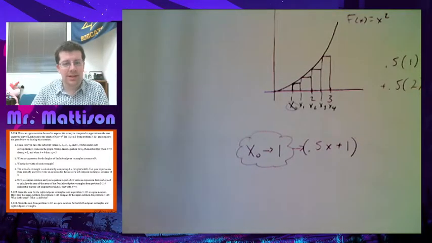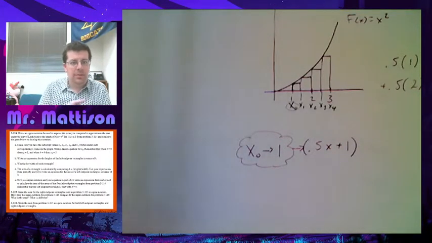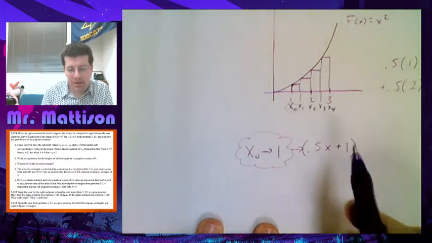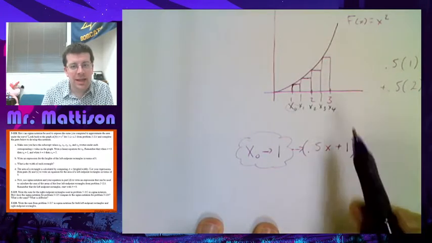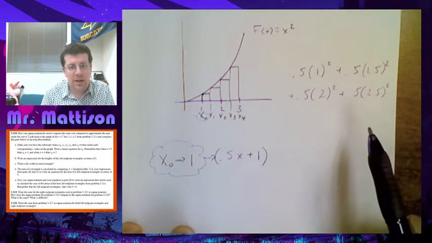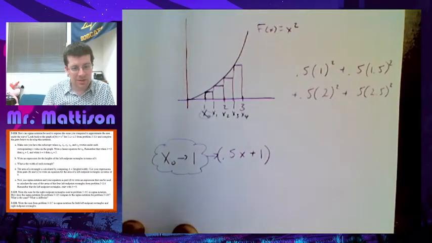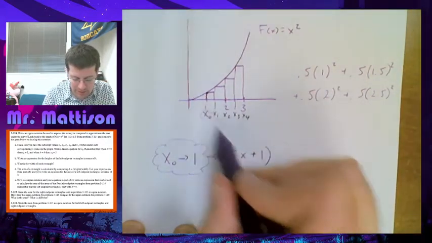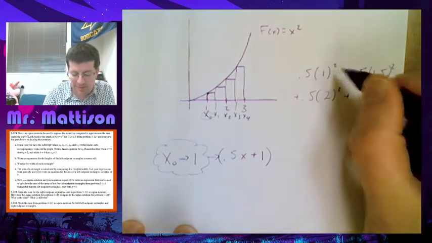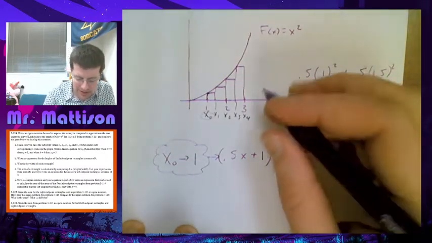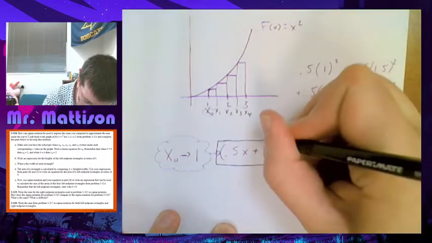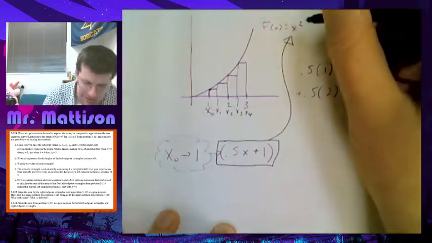This is important because my summation has to count in whole numbers: 0, 1, 2, 3, 4. What this does is convert those whole numbers into the decimals that I actually need to count by. Once I have those numbers, this gives me 1, 1.5, 2, 2.5, 3. Those are the numbers I'm going to raise to the second power, so this is what I plug into the actual function.